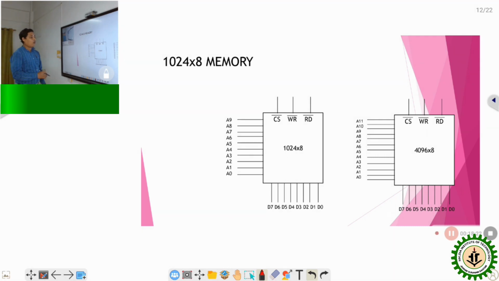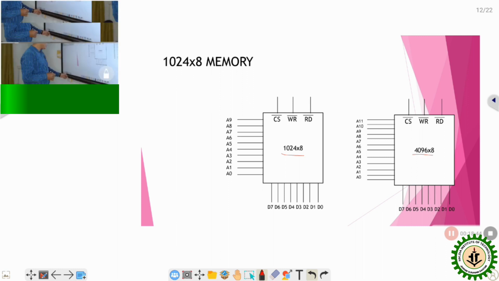Now let's take one real-time problem and take different numbers of address lines and observe how they can be connected to access the memory. Here 2 memory chips are considered, 1024, that is 1 kilobyte of memory, and 4096, that is 4 kilobytes of memory.